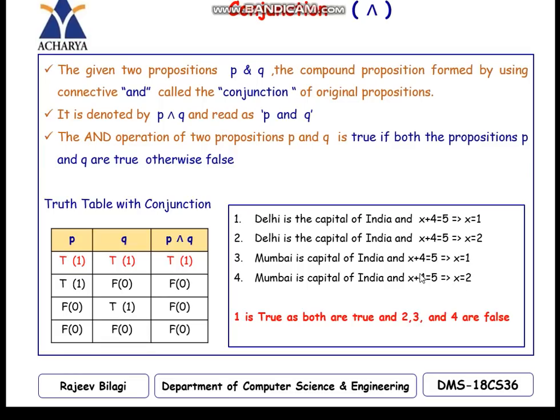Both the statements are false. So with this I can conclude that 1 is true as both are true, and 2, 3, 4 are false. Correct? So this is how we write the truth table for a conjunction. That is your first operation or first compound proposition.